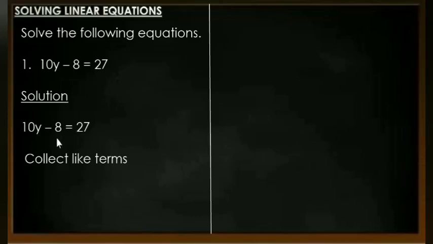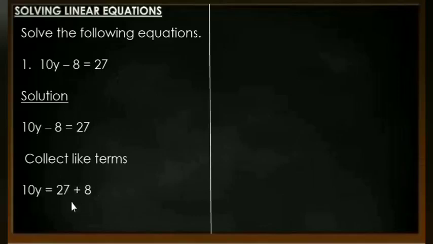The point I'm trying to establish is this: when you have a sign crossing over, either from left to right or from right to left, as we would see in other cases, the sign in front of it will have to change to the opposite. So if this is minus 8 and it is crossing over, it is going to become what? It's going to become plus 8.